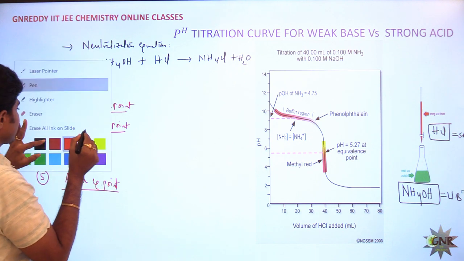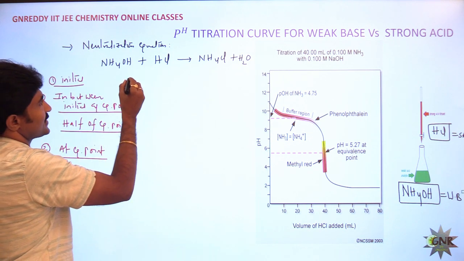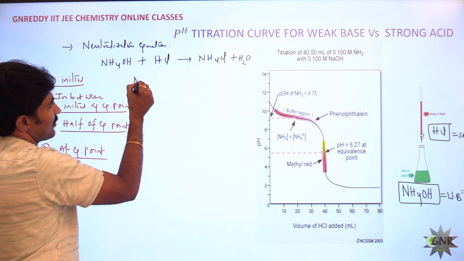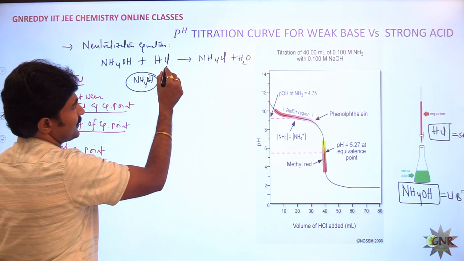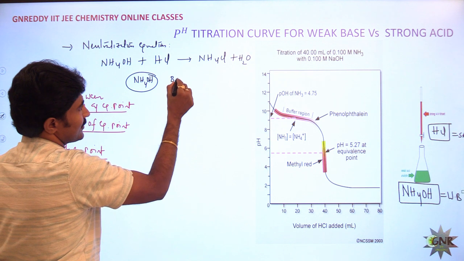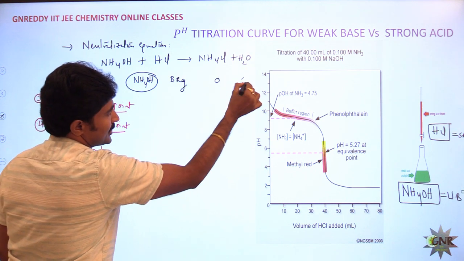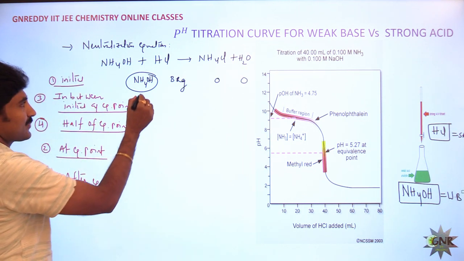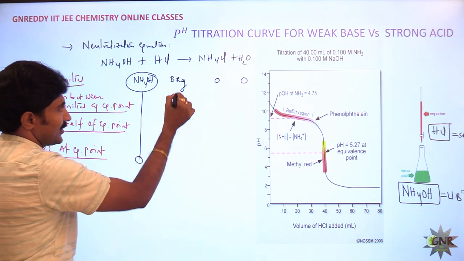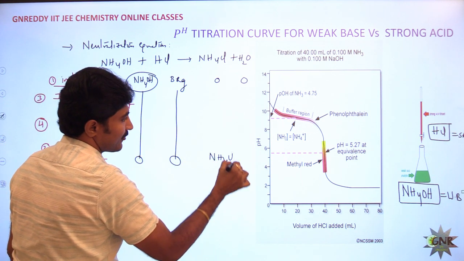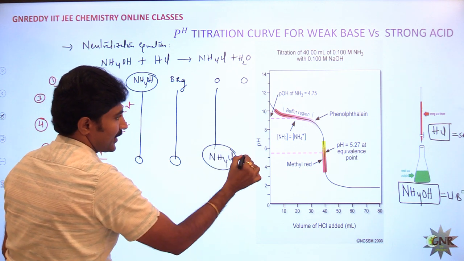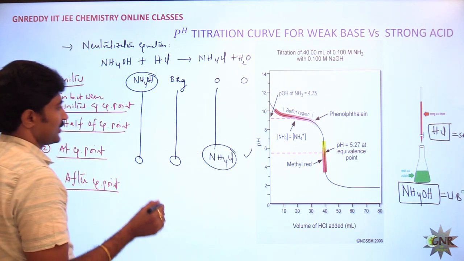Now if you look at this calculation, initially only ammonium hydroxide is present, and the burette reagent is 0. At equivalence point this becomes 0, even this becomes 0, only ammonium chloride salt will be formed here, and water also will be formed here.